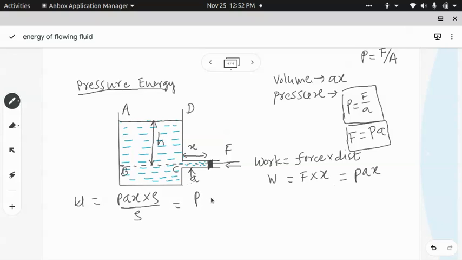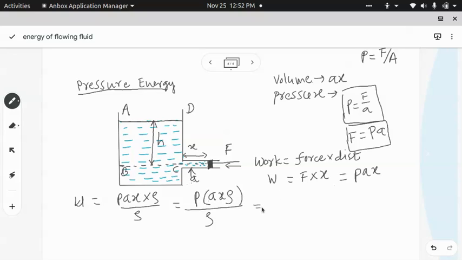P, A, I have to write separately, so that you can have A into x into rho divided by rho, because we multiplied by rho and divided by rho, so it doesn't make any change. So I can write P into A into x into rho divided by rho.